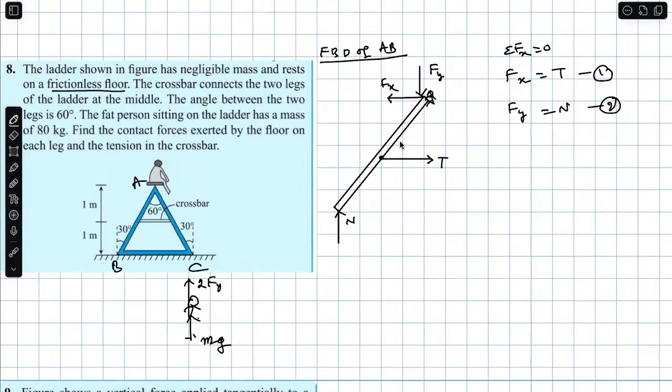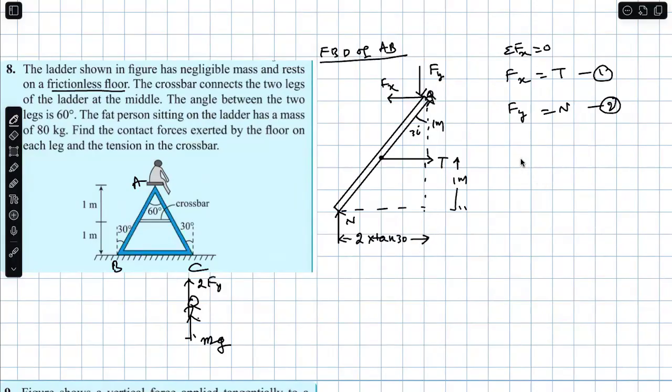But in this case, now you said this is 1 meter already. And you said this is 1 meter already. And you said this is 30 degrees. If this is 30 and this is 2 meters, this is 2 tan 30.